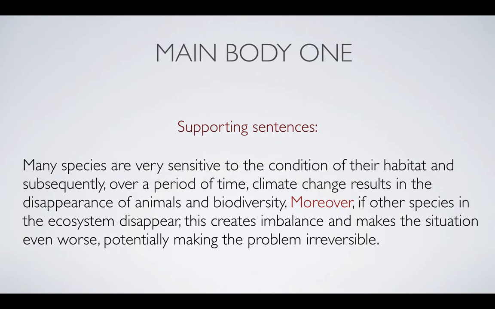So moreover, if other species in the ecosystem disappear, this creates imbalance and makes the situation even worse, potentially making the problem irreversible. So in this case, I've got about three main supporting sentences, 3 or 4 actually. So I've added moreover because I'm trying to develop it, I'm explaining it, you see. So you have to write your topic sentence, then you have to explain it.